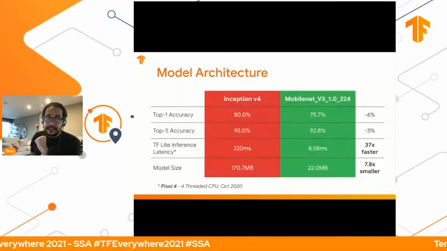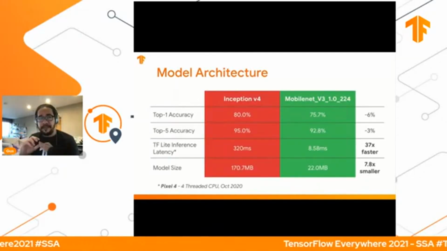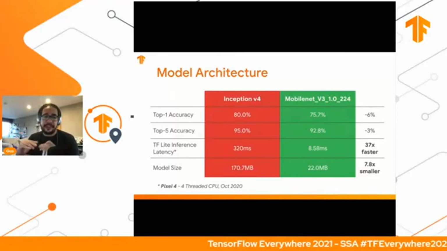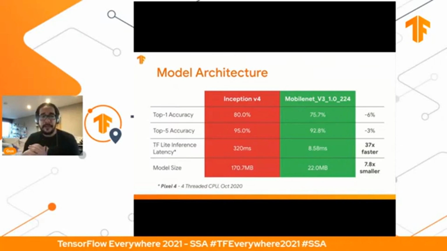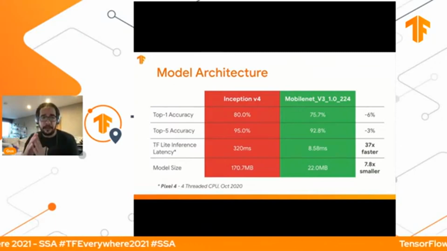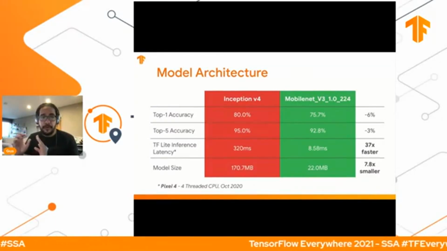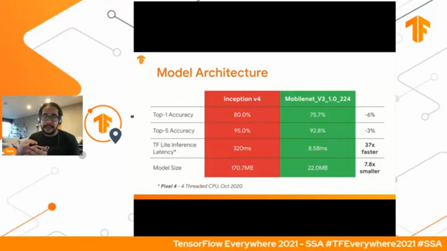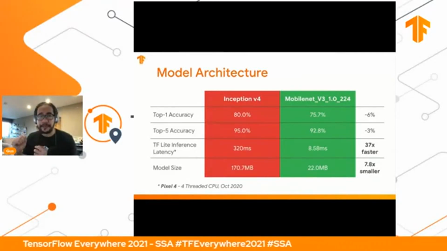Let's go to optimized architecture. So here I have two examples. On the left, we have Inception V4, which is a state-of-the-art model for image classification. This is a big model that runs on servers. It's amazing and all. We have also the MobileNet V3, which is kind of super new, and it's, as the name says, focused to run on on-device machine learning.